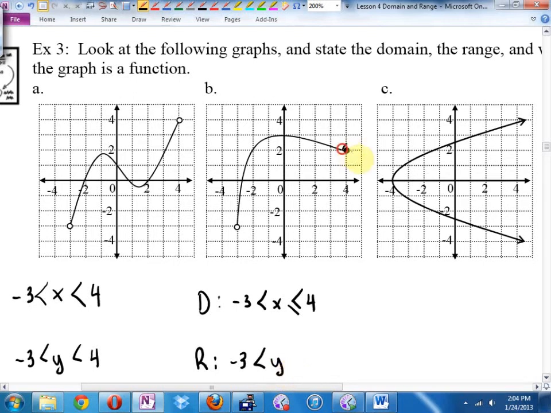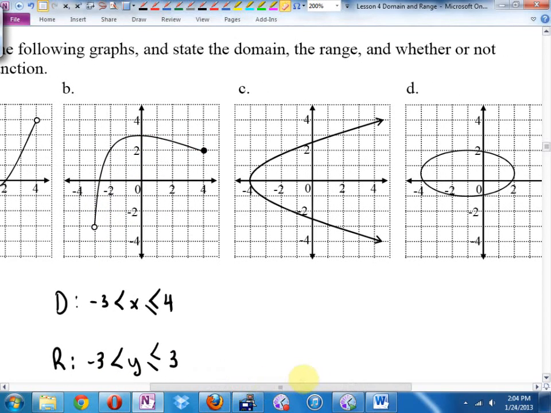Careful, it's not this point right here. How high does this graph go? 3. And I'm pretty sure it touches there. It looks like the ink overlaps, yes? So less than or equal to 3. We're going to come back to C.